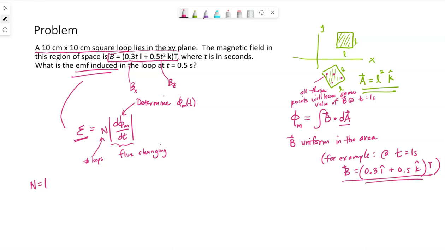Every single point, there will be an x component of the magnetic field and a z component of the magnetic field.